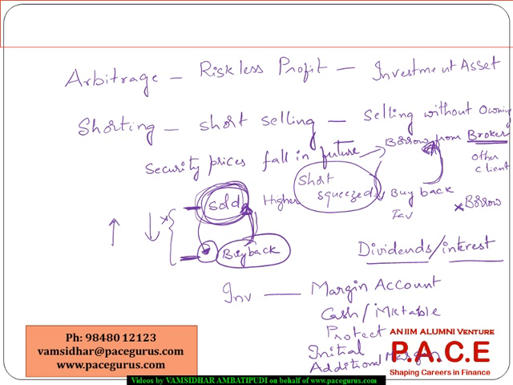And one more advantage is, even though a margin is deposited, generally interest is paid on the margin balance. So that means whatever margin has been deposited is also carrying some additional interest.